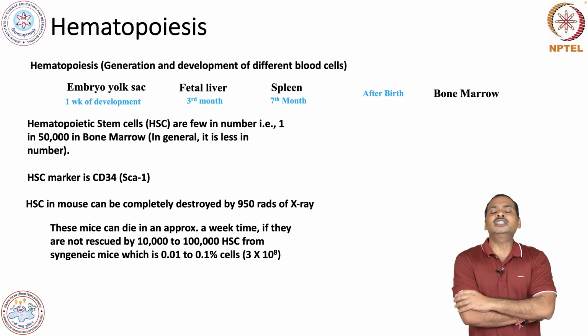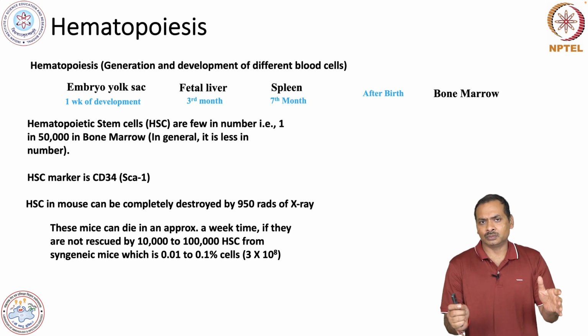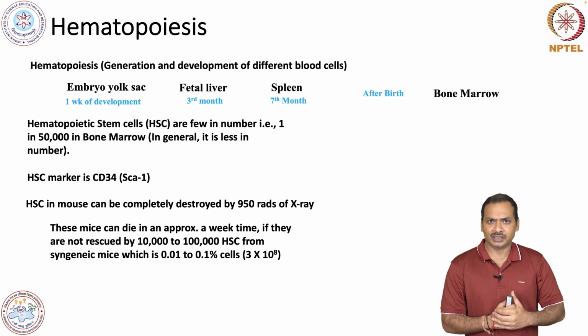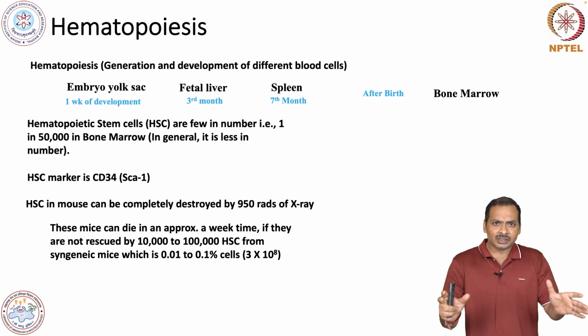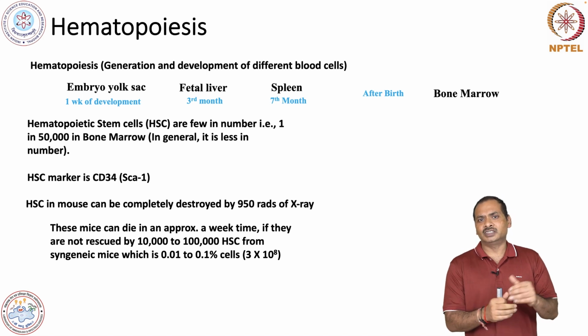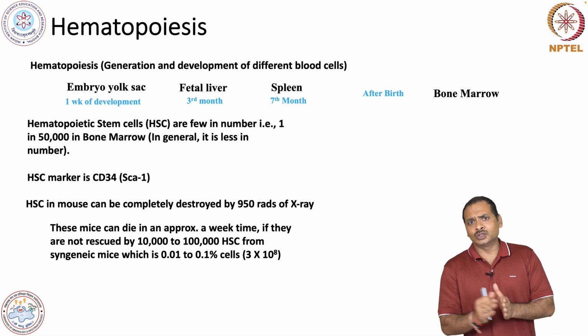Okay. Syngeneic mice are those generated after breeding from brother and sister and all those things. So, their genome is kind of consistent. If you take a group of syngeneic mice, their genome is consistent. Okay. There is no variation.